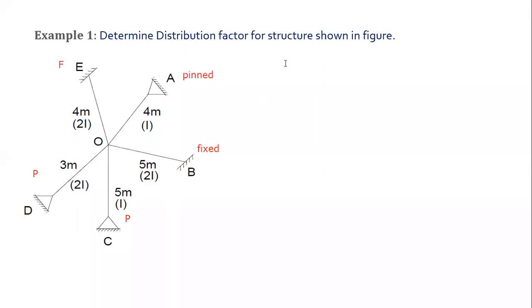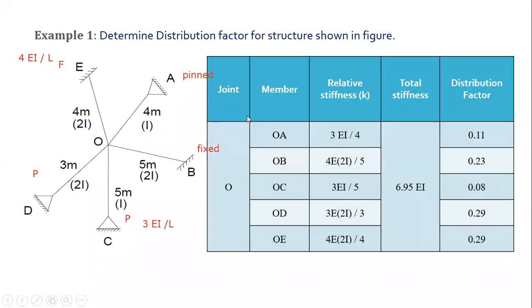If the far end is fixed, the formula will be 4EI divided by L, and if the far end is pinned, the formula would be 3EI divided by L. Is that clear?